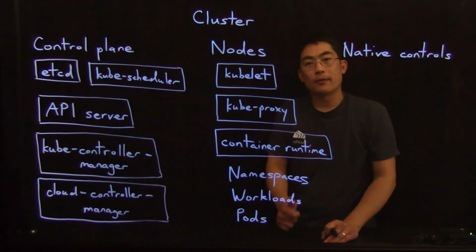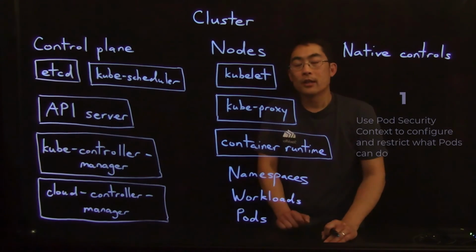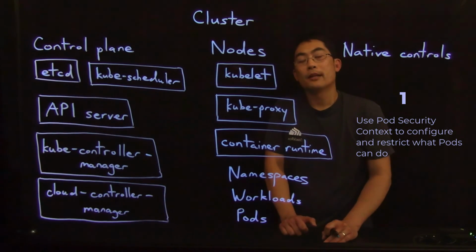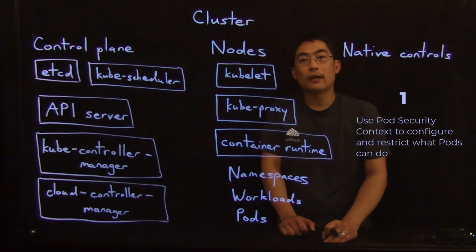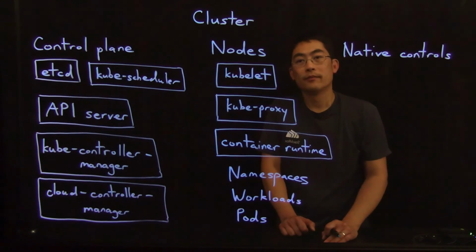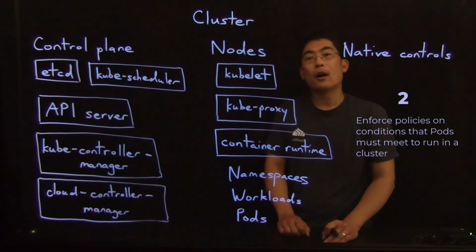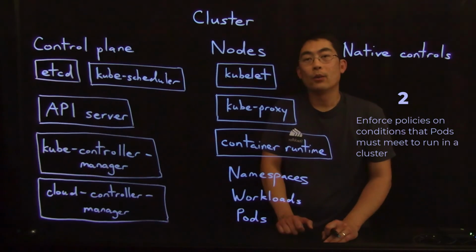For example, I'll provide two. First, security context can be used to configure and restrict what pods can do. For instance, you may want to restrict a pod from running privileged, or you may want to configure the container's root file system to be read-only. Second, you can also enforce policies on conditions that pods must meet in order to run within a cluster.